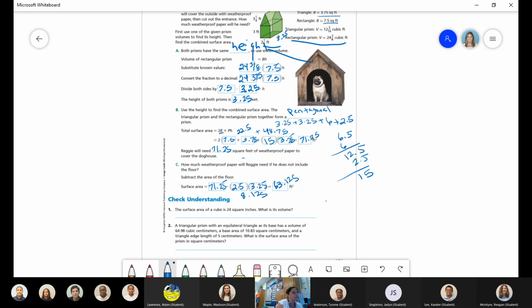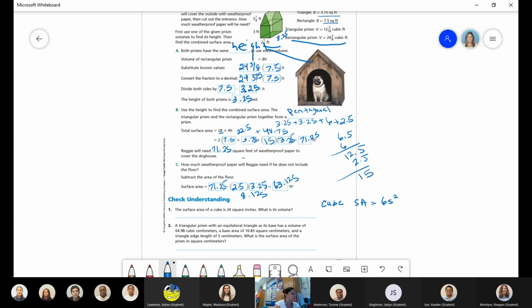So remember, what is the formula for the surface area of a cube? What did I tell you it was on the front page? I can't show it to you because... 6s squared. Yep, 6 times s squared.